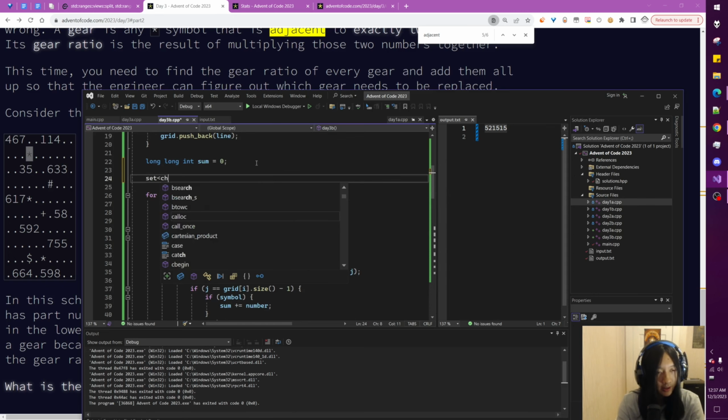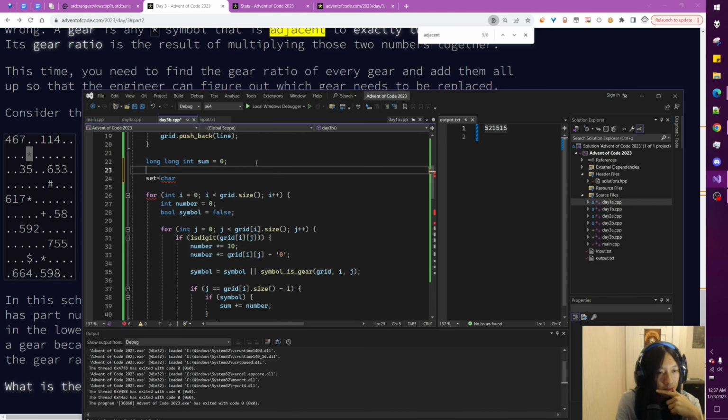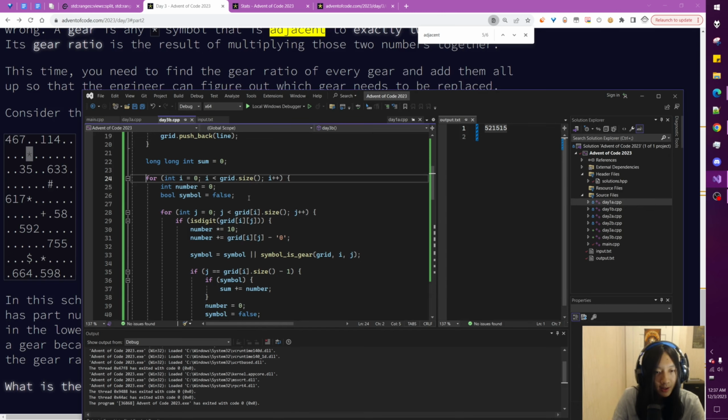Let's say we have a set of... I have a way of doing this, but the time complexity is like n cubed, maybe even worse. So let's try to have a slightly better way. Okay, so this tells us we found a symbol with a gear.